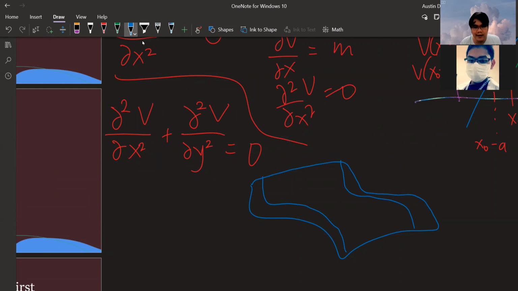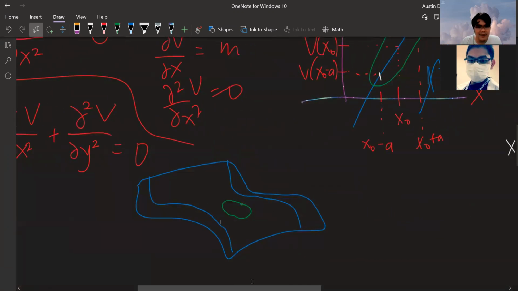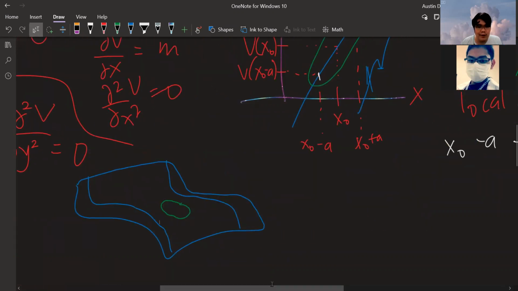Okay, mapansin mo that if you create a patch here, say a circular patch, okay? Mapansin mo that again, yung local maximum mo at minimum mo will be found at the boundaries. So yung maximum mo nandito, yung minimum mo nandito. Okay?